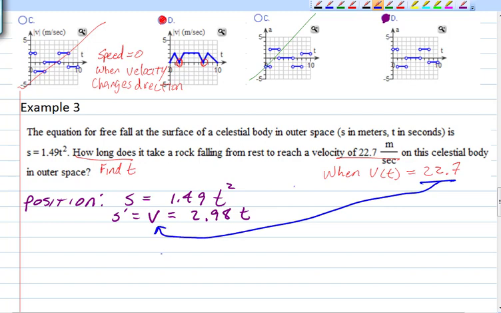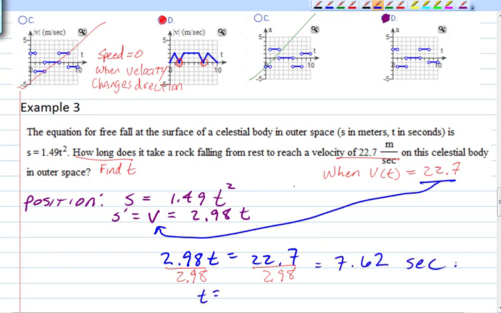So we have the equation 2.98t equals 22.7. To solve this for t, we're going to divide both sides by 2.98. And this is why God gave us calculators. And we get t is equal to what? Seconds, because our time was measured in seconds, right?